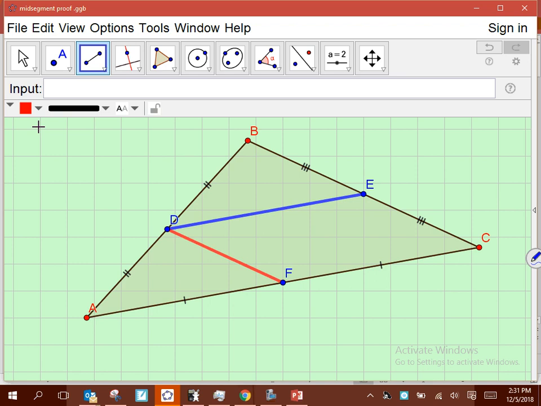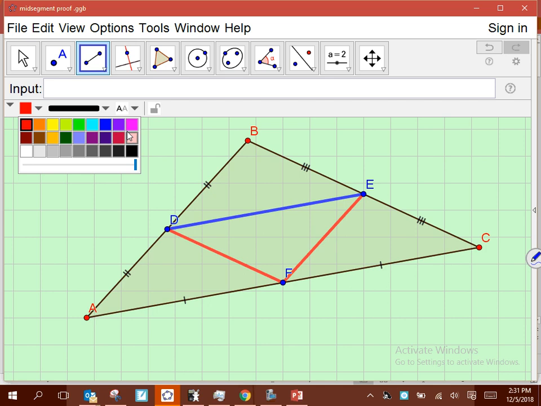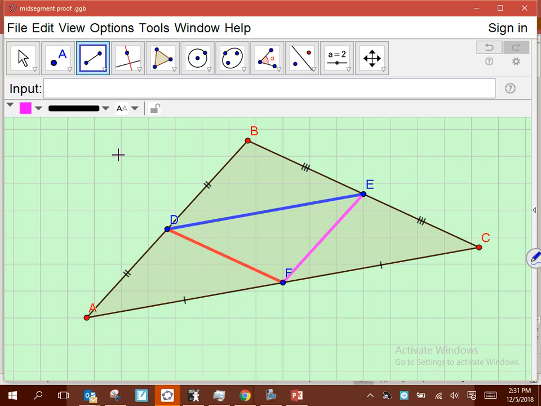Does that make sense? Okay? And I could take E and F, and that purple segment is a mid-segment. So how many mid-segments does a triangle have? 3.